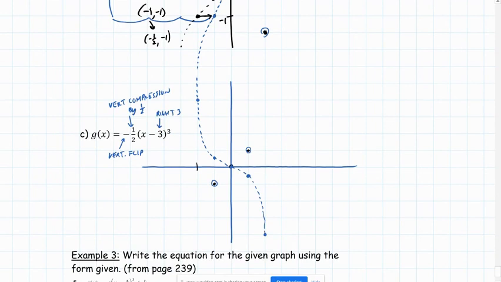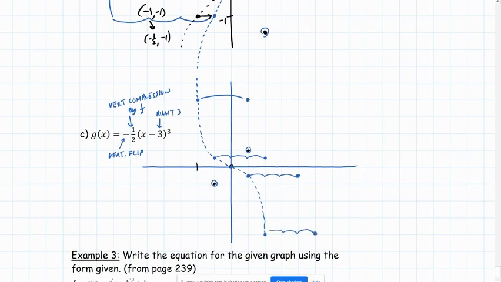And then we're going to move everything right 3. So this point would move over right 3. This point moves right 1, 2, 3. This point moves right 1, 2, 3. And this point moves right 1, 2, 3.